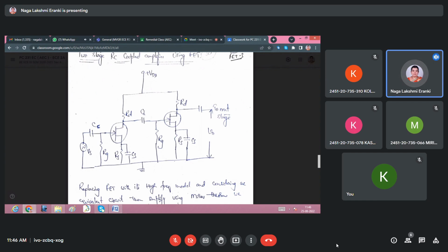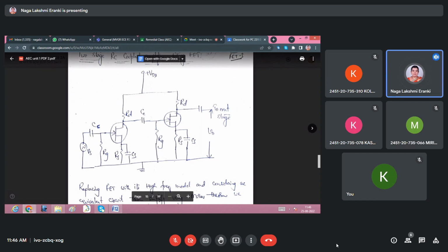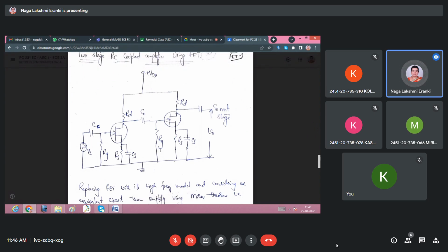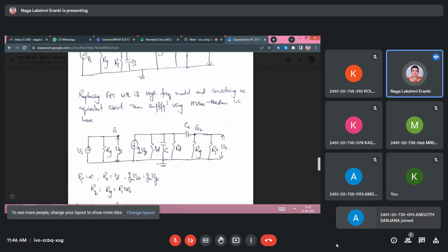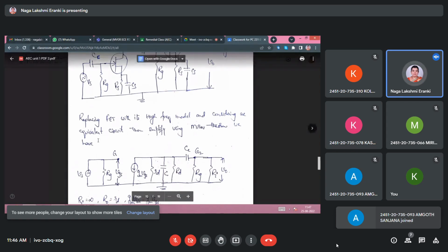While taking the AC equivalent, the complete second stage is going to be replaced with the input impedance of this particular FET. So only the input impedance Ri is taken, Ri in case of a two-stage RC coupled BJT, or Ri in case of a FET also. Replacing the FET with its high frequency model and considering the AC equivalent circuit, then simplify using Miller's theorem.